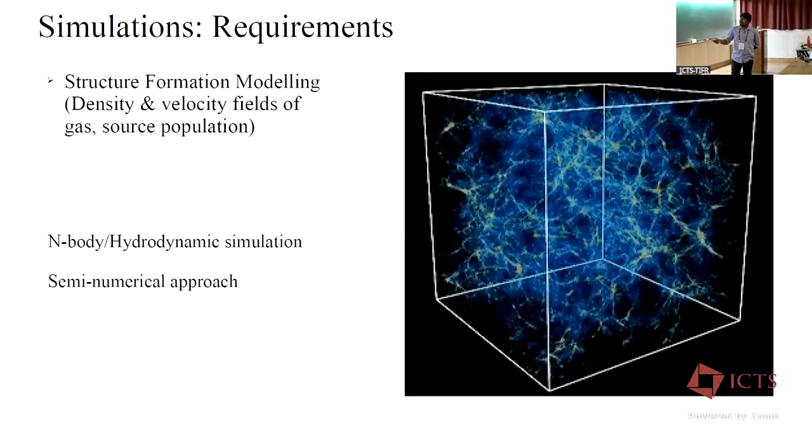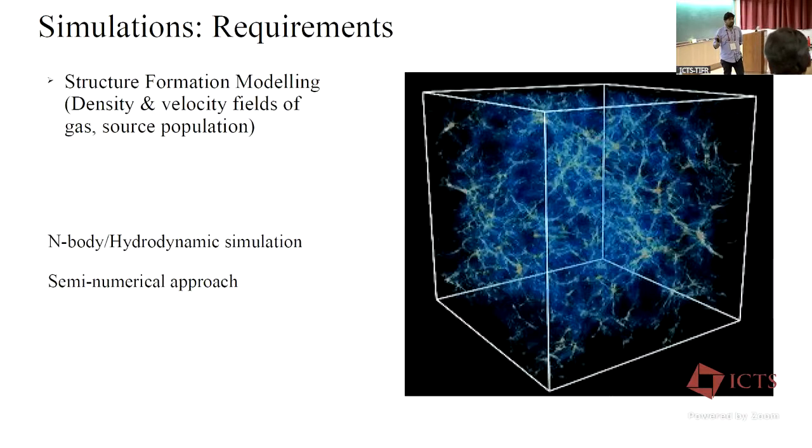There are other approaches as well, which are semi-numerical. We just exploit the fact that we know the power spectrum at redshift 9, or whatever redshift you are interested in, and from a Gaussian random distribution, they basically produce a density field on a grid that satisfies that power spectrum, which is fine.